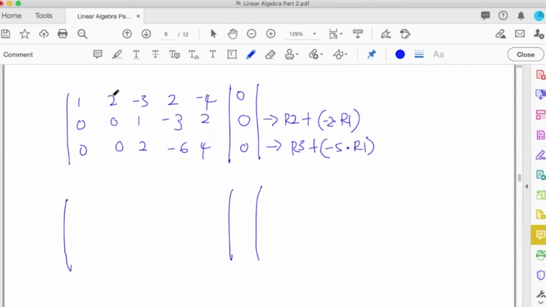Next we move to the next coefficient. 2 is all right, 0 and 0 are all right, negative 3. Usually for row 1, we will try to solve it at the last steps. So we have 1 and 2.